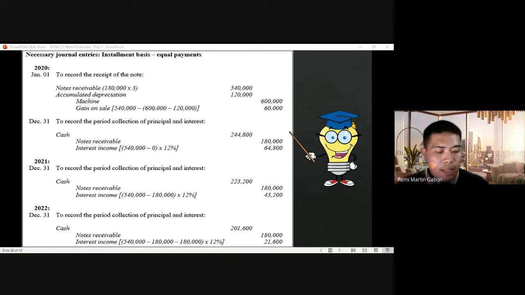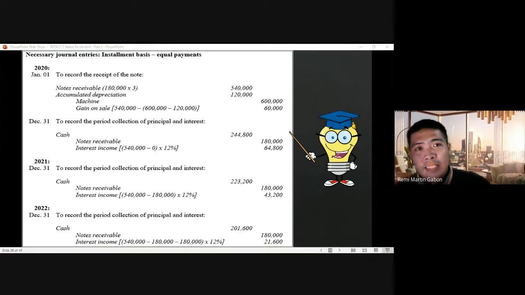So 360,000 times 12% is 43,200. Credit to notes receivable is still 180,000. That should be a debit to cash of 223,200.